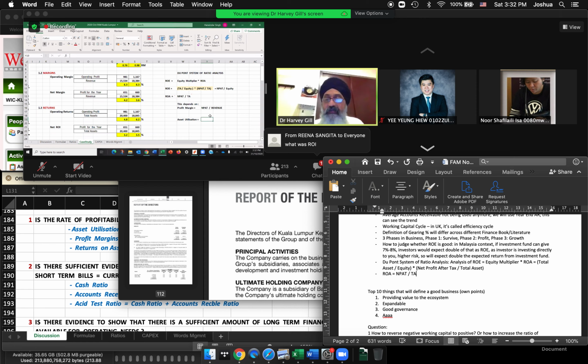Asset utilization is revenue divided by total assets.